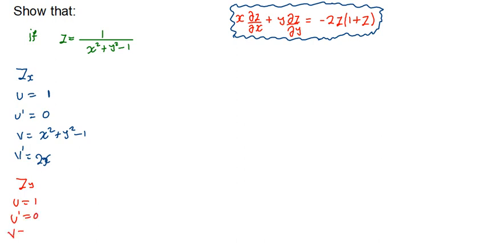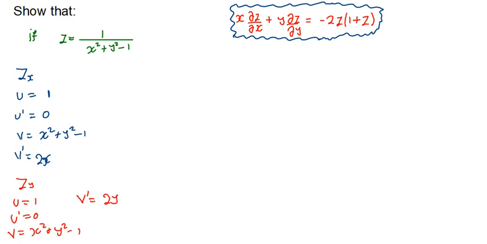Then our v is still the denominator, which is x squared plus y squared minus 1, meaning my v prime is going to be, in this case, we are finding the partial derivative with respect to y instead of x. So anywhere we see x, we just treat x as a constant. So this becomes 2y because I'm going to get a 0 here and a 0 there.